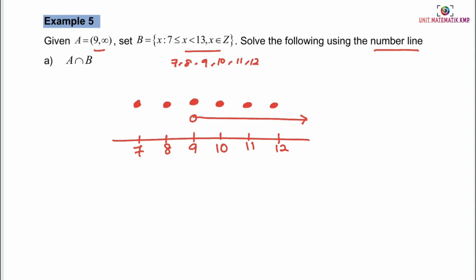Okay, yes. So the solution set is the values of number 10, 11 and 12. Set of numbers 10, 11 and 12.